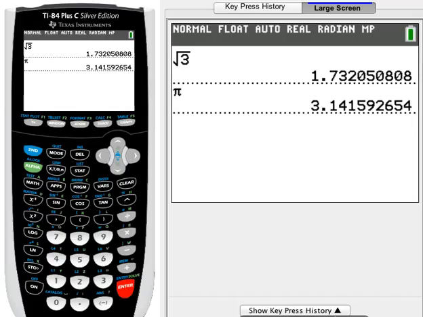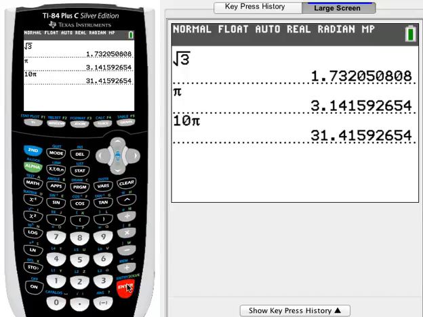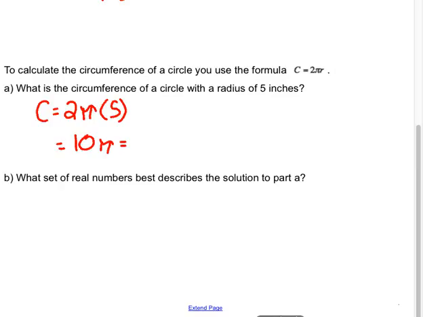And if we type that into our calculators, 10 pi, we get 31.41592654. It just keeps going and going and going, doesn't it? So if I look at that, 31.41 inches, that number kept going, right?